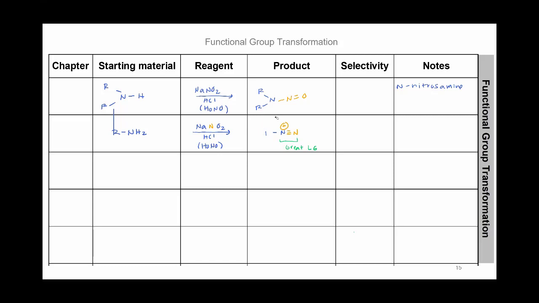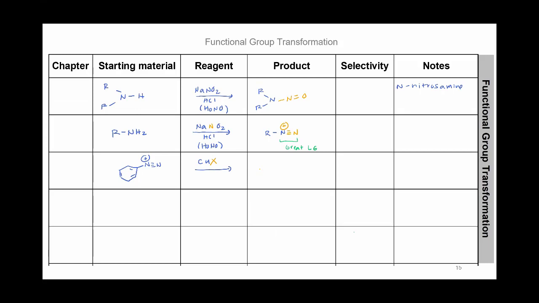And most often we use these reactions on an aromatic ring. So if you have this aryl diazonium, you can react it with copper with an X here. And that will just replace the diazonium with whatever the X was.